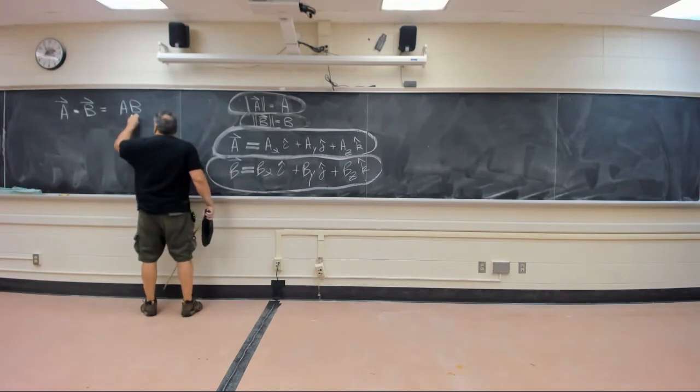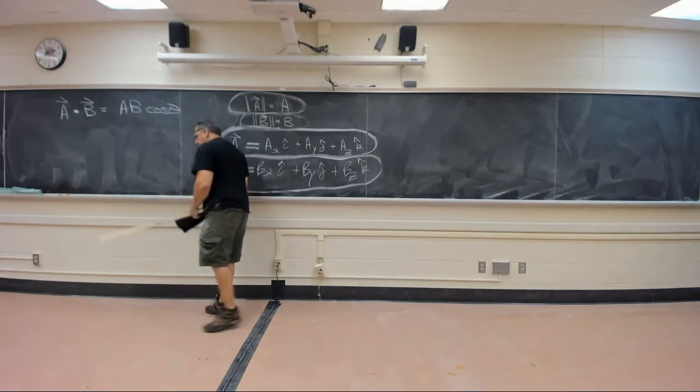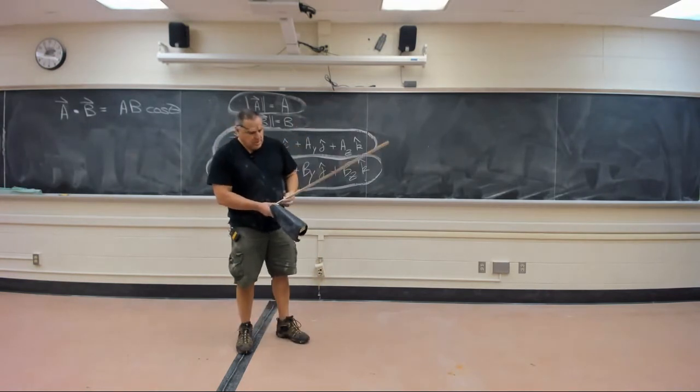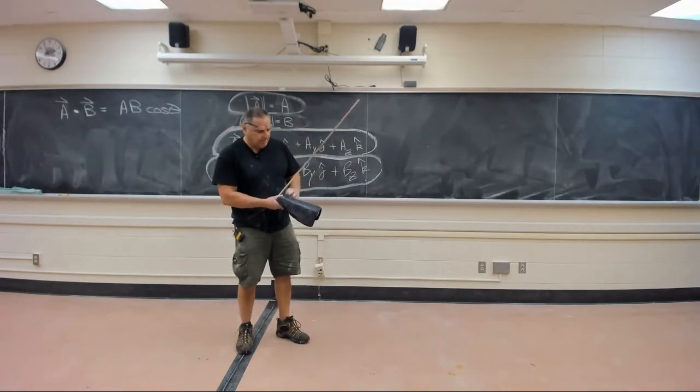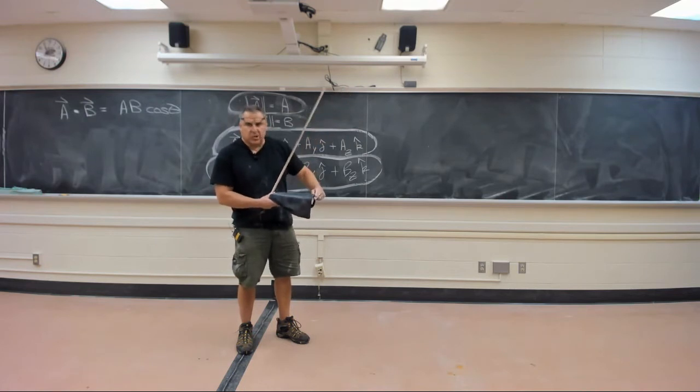It's the product of the two magnitudes times the cosine of the angle between them. There you go. There's a 30-degree angle between them. There's a 45-degree angle between them. This is 10 meters. This is whatever. This is 10 units long. This is 3 units long.